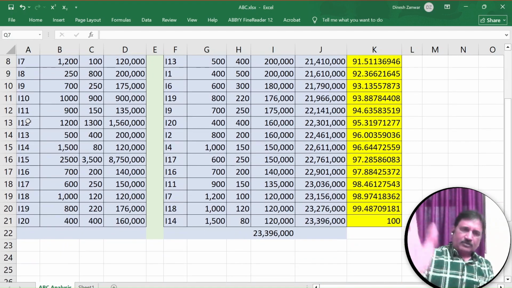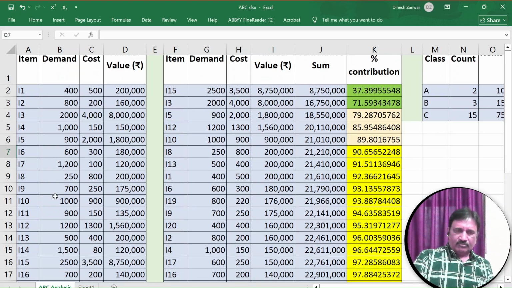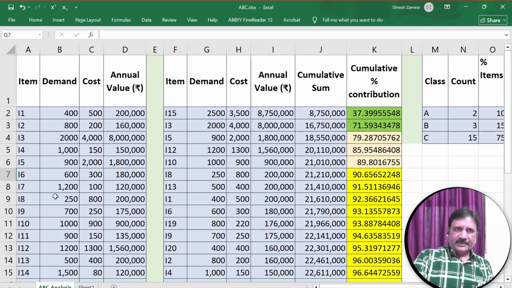In inventory, there will be 20,000 to lakhs of items. But with 20 items, I am trying to demonstrate how to classify the items as A, B, and C class items. Now, the consumption of these items is in the second column, as you are seeing. I1 was consumed, or demand for I1 was 400, I2 800, and so on.